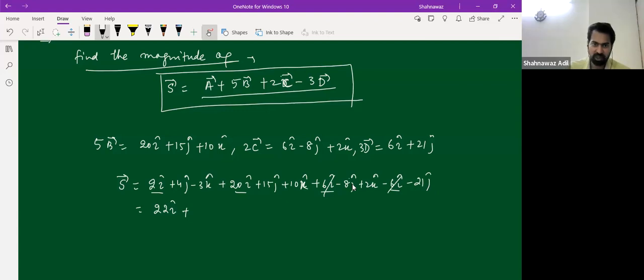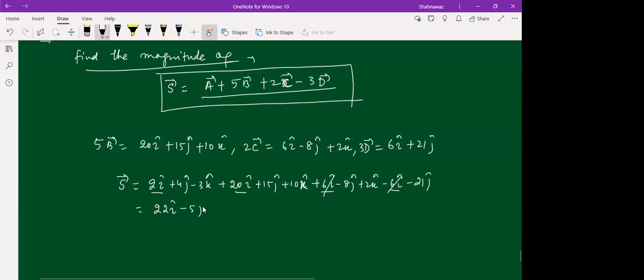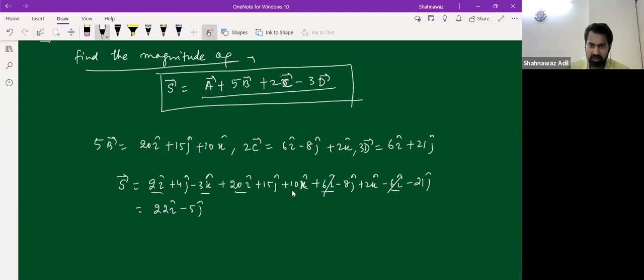So minus 29 plus 24 is how much? Minus 5J. Right, guys? Minus 5J, and this is 3K, and this is 10K, so 7K, and then plus 2K, which is 9K. So this is the S vector.